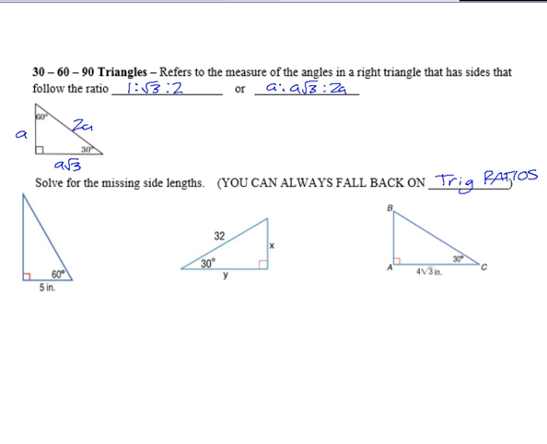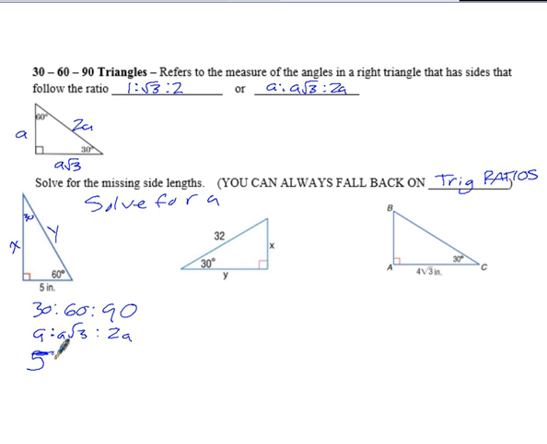So this is saying solve for the missing side lengths. So essentially, I'll call this x and y. What I like to do is set up 30, 60, 90, and just reiterate what my ratio is. A, a square root of 3, 2a. And then I know this is 30 degrees. So opposite 30 degrees is 5. Remember, you always want to solve for a. So I know in this problem that a equals 5, because it's right across from 30, and 30 is a.